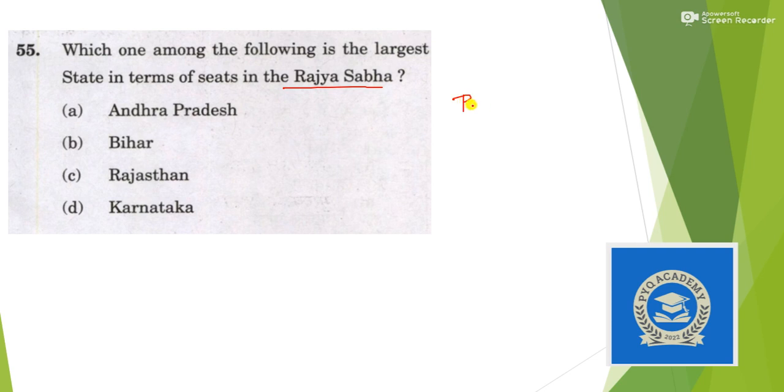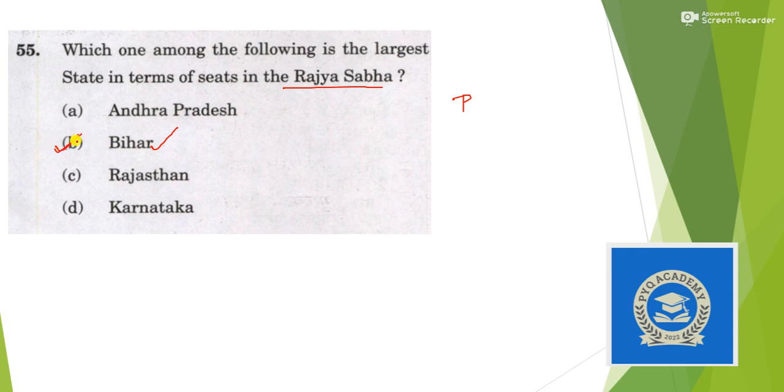So you can guess that the state having the larger population will get the largest share of seats. Among Andhra Pradesh, Bihar, Rajasthan and Karnataka, Bihar has the largest population, and according to that logic we can reach the correct answer.